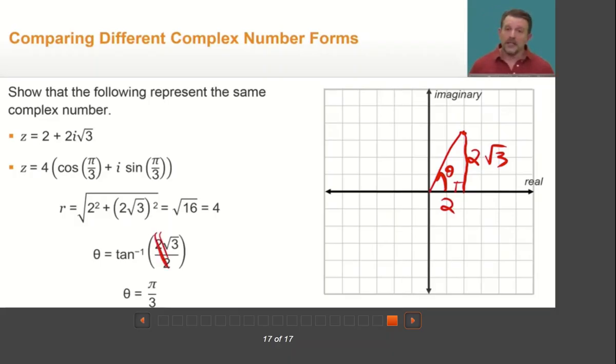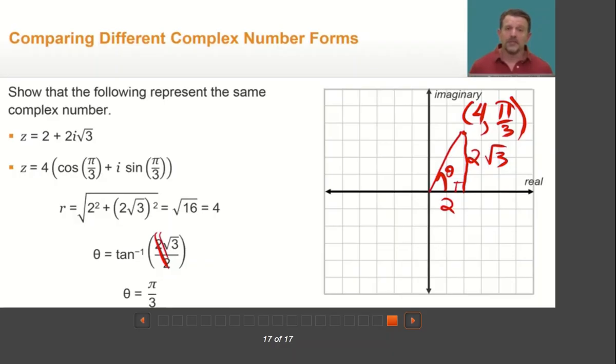The angle whose tangent is square root of 3 is 60 degrees, or pi over 3. So we know that this point is in fact (4, pi over 3). Therefore, the equivalent forms of a complex number represent the same point in the complex plane.